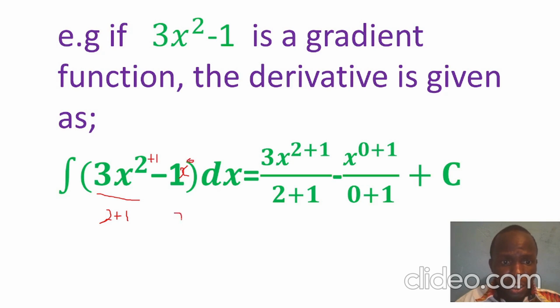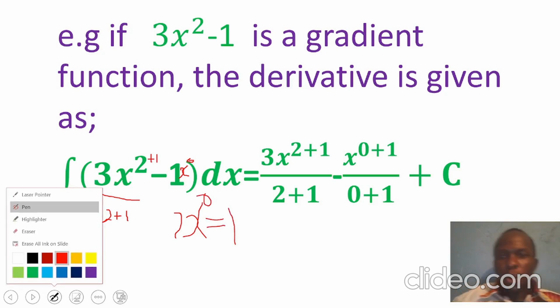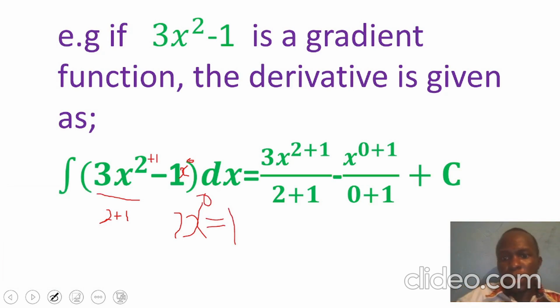And you need to note that x raised to power 0 is equal to 1. You need to note that. After noting that, we can comfortably say, in this case here, the integral of 1 is equal to x power 0 plus 1, as shown there, divided by 0 plus 1, plus c.